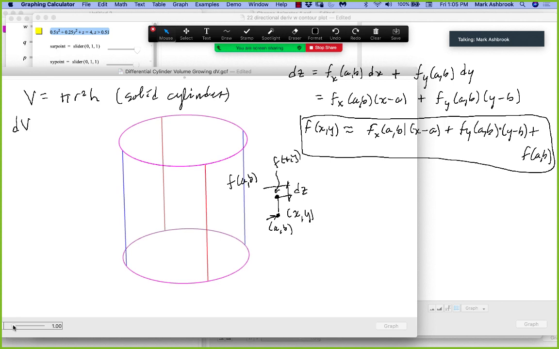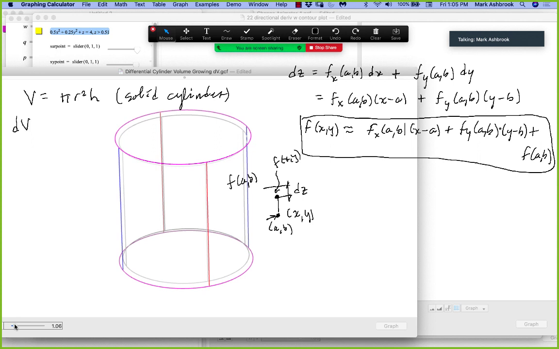And so I can show that here like this. We're increasing r and h, and you're going to add some metal to this solid cylinder. If you only consider how much you added, and don't consider all the original solid cylinder, that can model the amount of metal that makes up a hollow can. Do you see that?